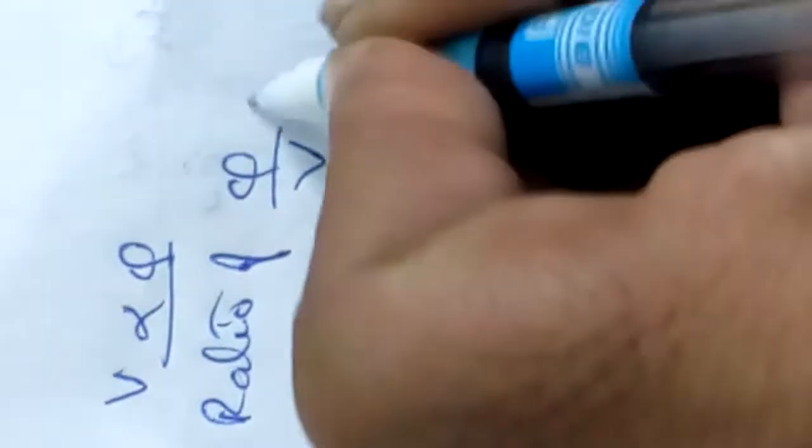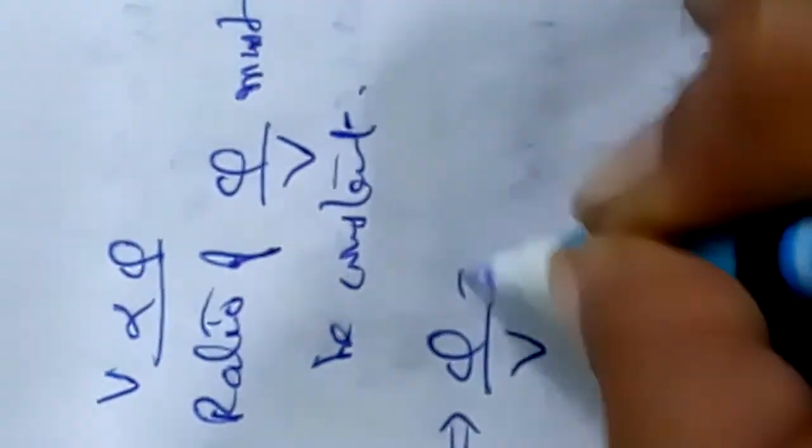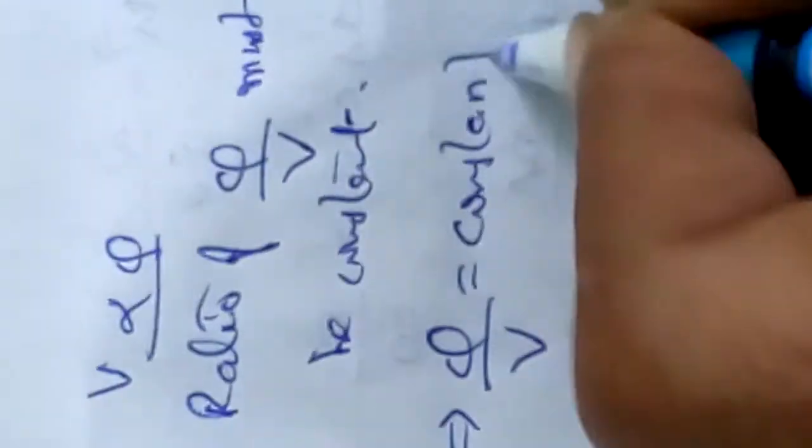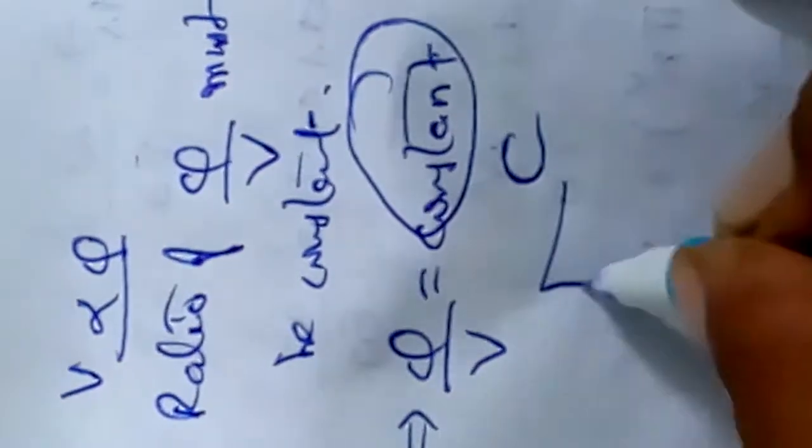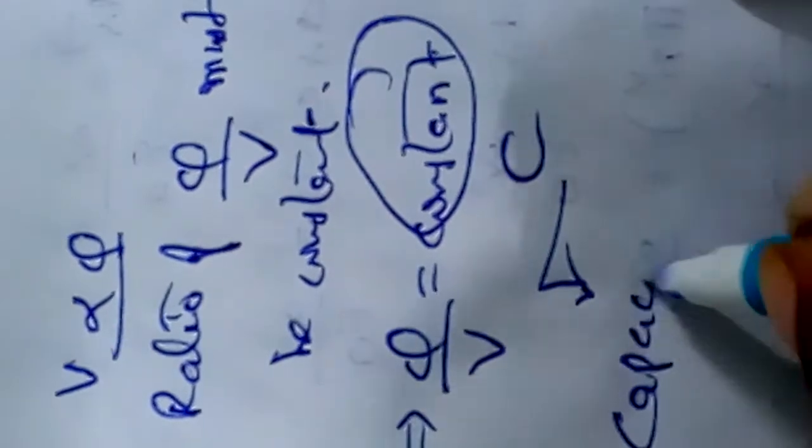So when you say V is proportional to Q, therefore the ratio Q by V must be constant. That is, Q by V is equal to a constant. This constant is what is defined as capacitance.